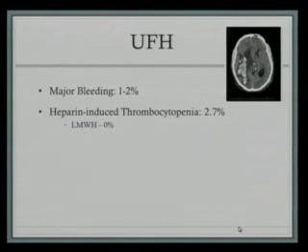He noticed that the incidence rate of HIT in those receiving unfractionated heparin was 2.7%, or 9 out of 332 patients. As a side note, he didn't see any HIT in those who received low molecular weight heparin.